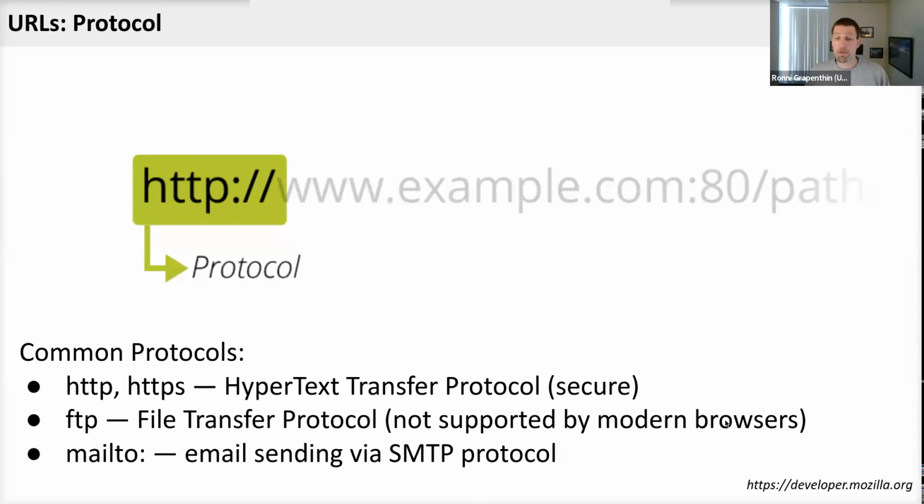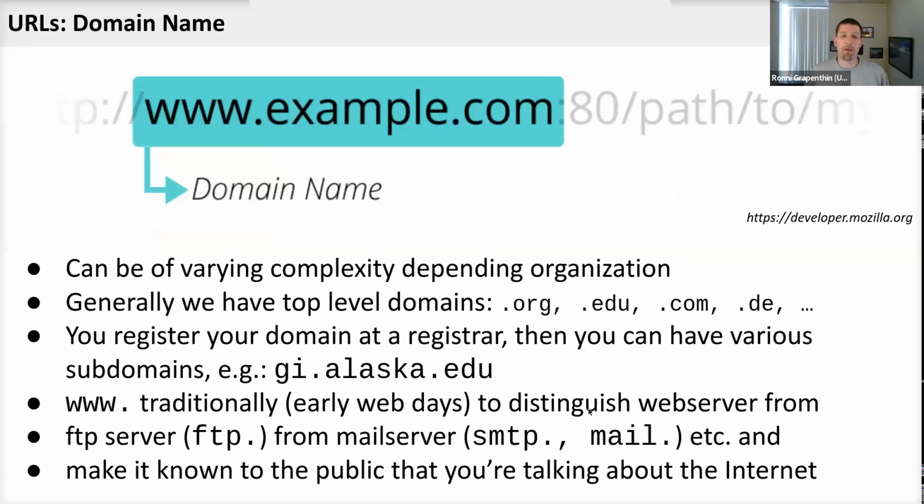Modern browsers don't support this anymore, but there are still plenty of servers that support it. So if you have other software that understands FTP, you can still retrieve data through that. There's a large range of other protocols here, mailto, which would support email sending via the Simple Mail Transfer Protocol, or SMTP.